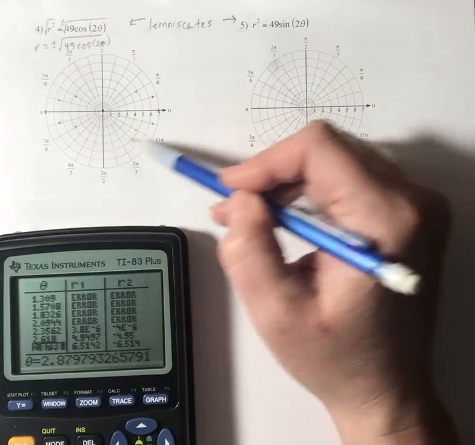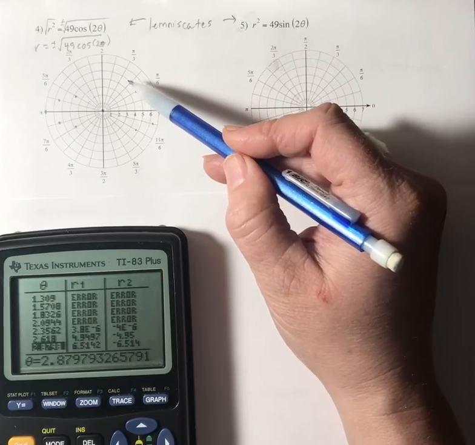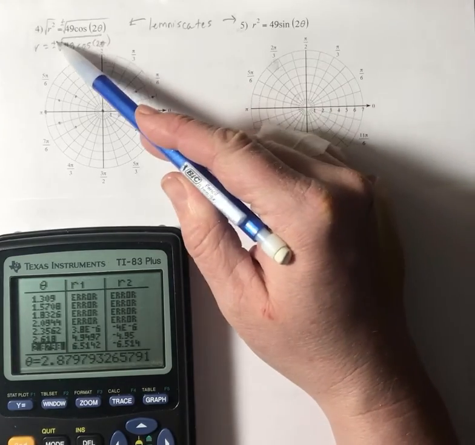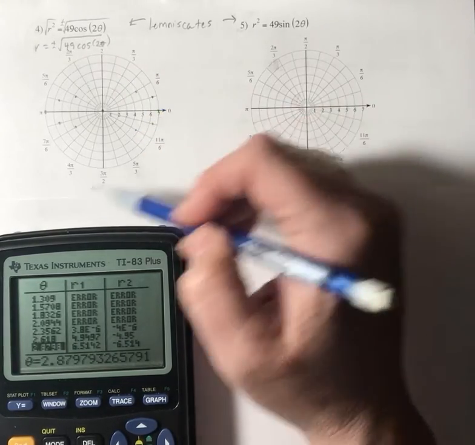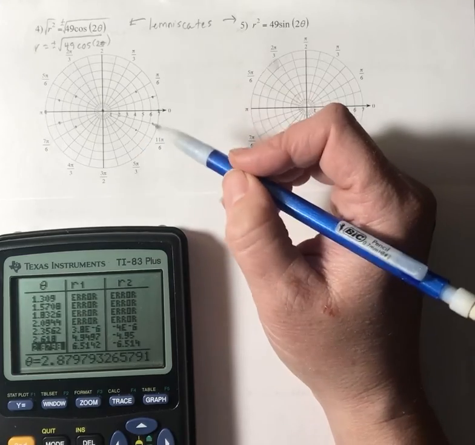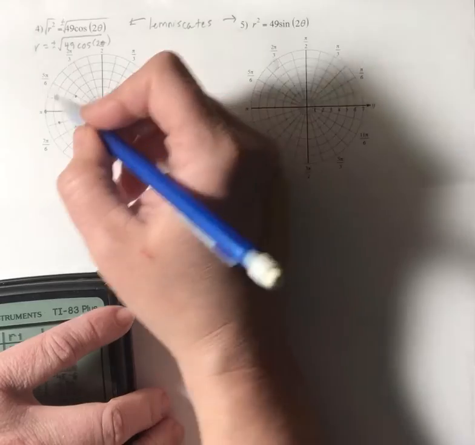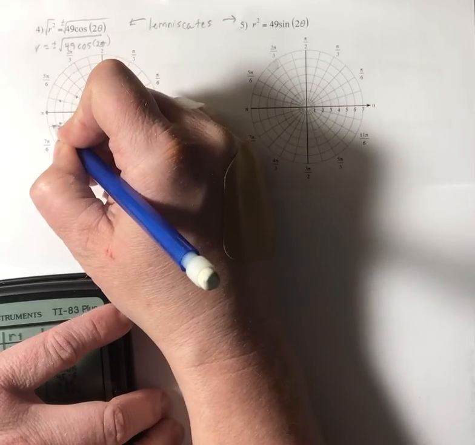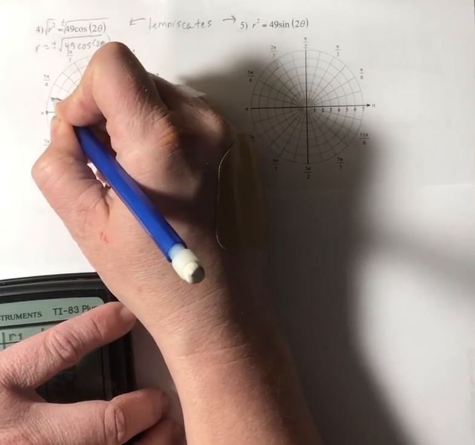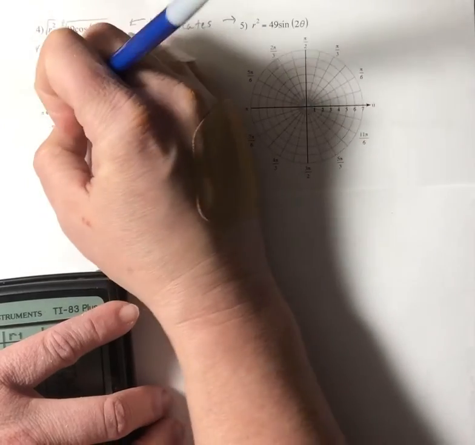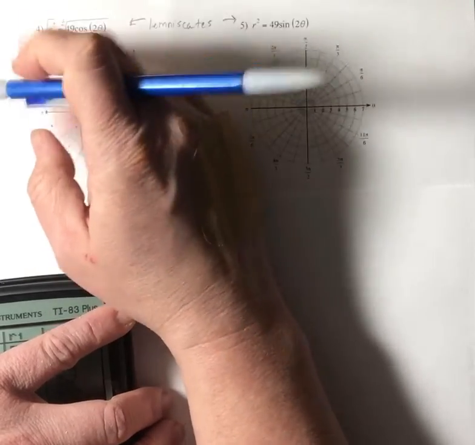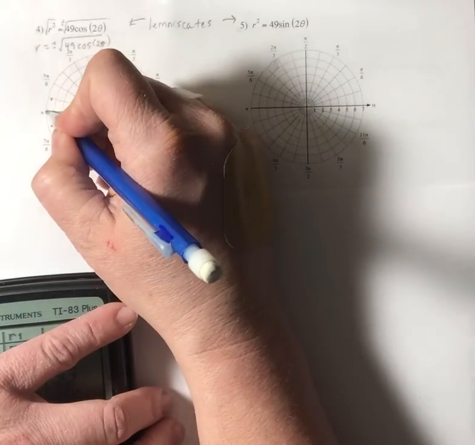I got all of these points from just the positive one because I went out far enough. Now this should be enough. Oh, and I did these two. This is 6.5. There we go. That looks a little better.